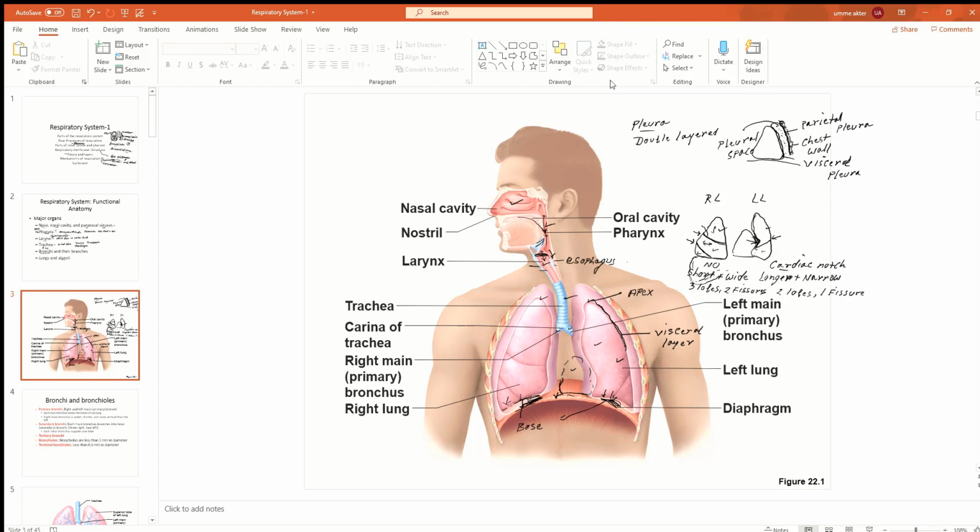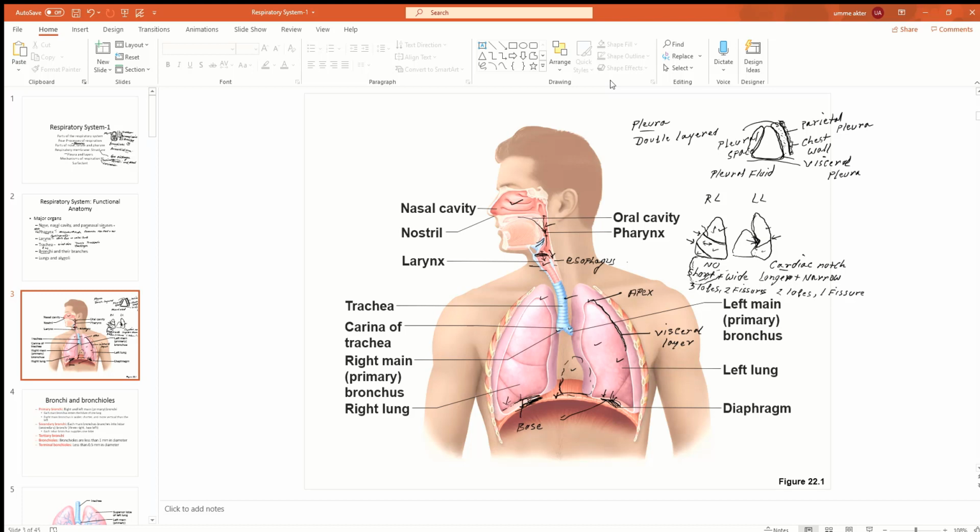Because this pleural space, it is also on this side, same thing, like this. This pleural space contains a fluid that is called pleural fluid. A small amount of fluid is there, but that fluid is a lubricating fluid. That means it is slippery, and when you inhale and exhale the air, the lung gets smaller and bigger, right?